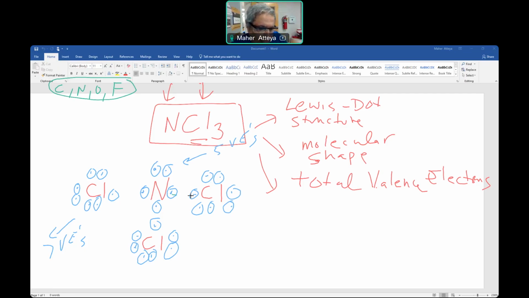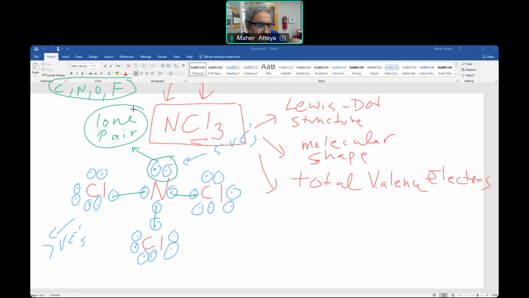So I'll do a single bond here, single bond here, single bond here. The central atom has 1 lone pair. Those are the orphans. Those are called lone pair, orphan pair, or non-bonding pair.